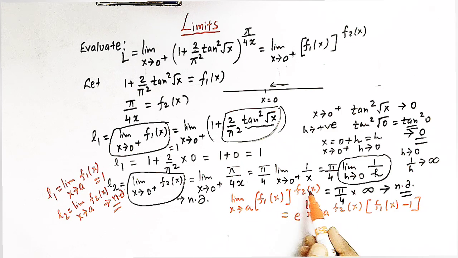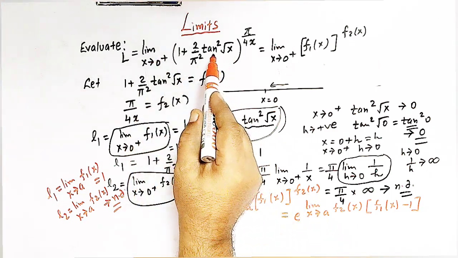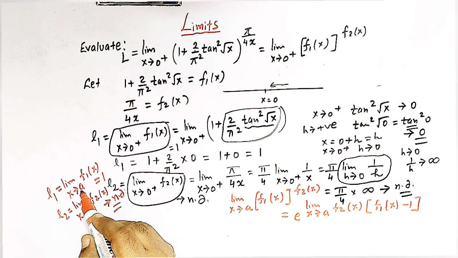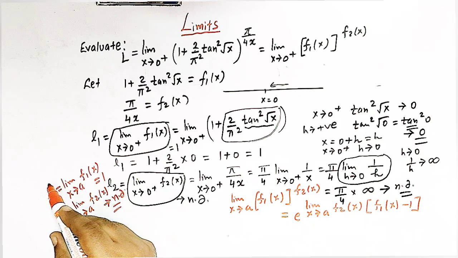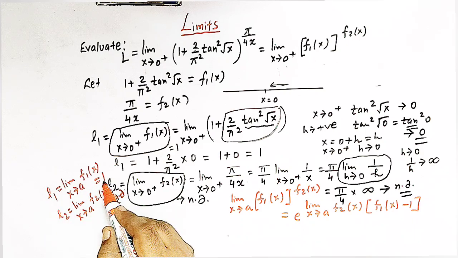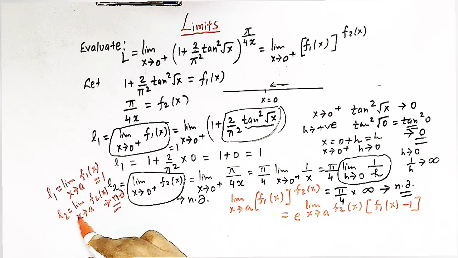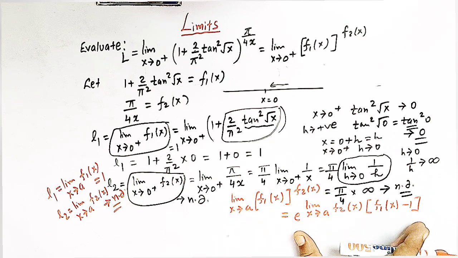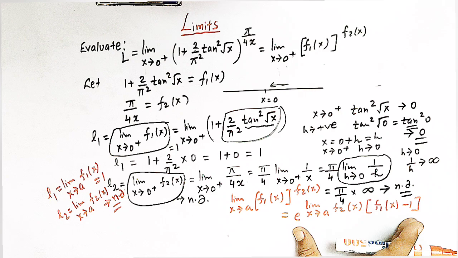So whenever we have a limit of this kind, limit x tends to a of f1(x) raised to f2(x), and our problem is similar to this one, and the conditions are that the limit x tends to a of f1(x), which we call L1, is equal to 1, and we are taking L2 as the limit x tends to a of f2(x), and this limit is not defined, then this type of limit can be evaluated by using this expression.